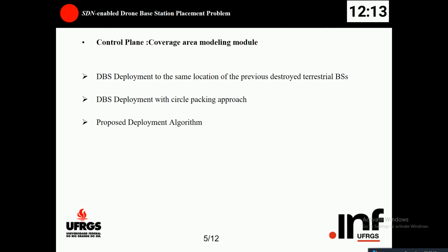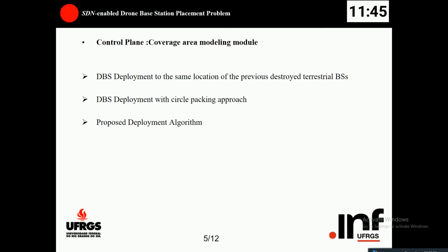Actually, there are some baseline methods for finding the optimal location of the drones. The simplest one is to send the drones to the same location of the previous destroyed static base stations.